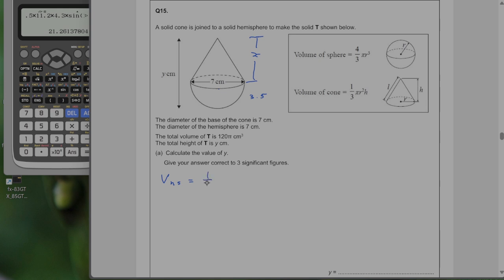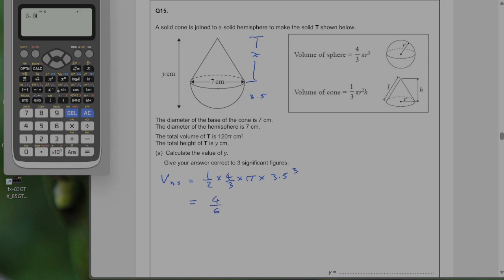So it's going to be half of the volume of a sphere, so it's going to be half times by 4/3 times by pi times by 3.5 cubed. Right, so that is going to give me 4/6 times by 3.5 cubed, which is 343/8 pi.